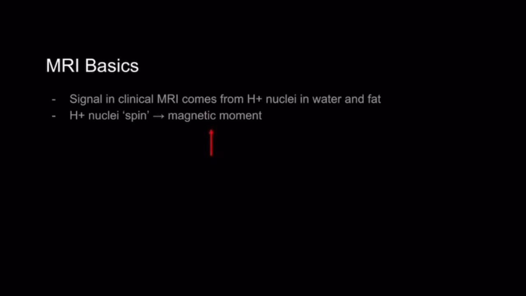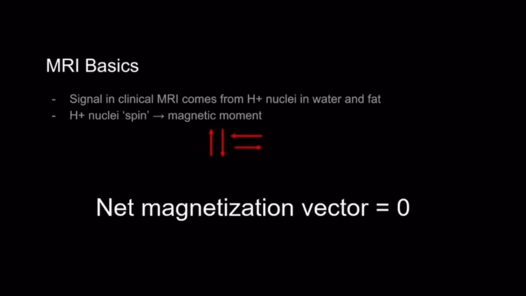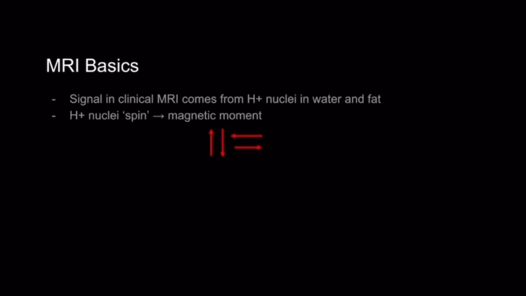In the absence of an external magnetic field, all of these tiny bar magnets are pointed in all different directions. And if you look at the net magnetization vector of any particular tissue, it would be about 0. There would be no net magnetization vector in any direction.